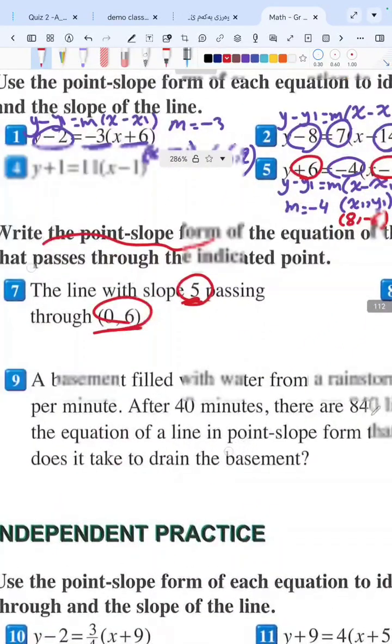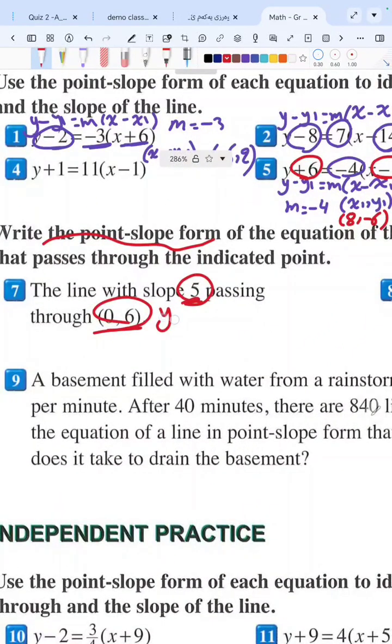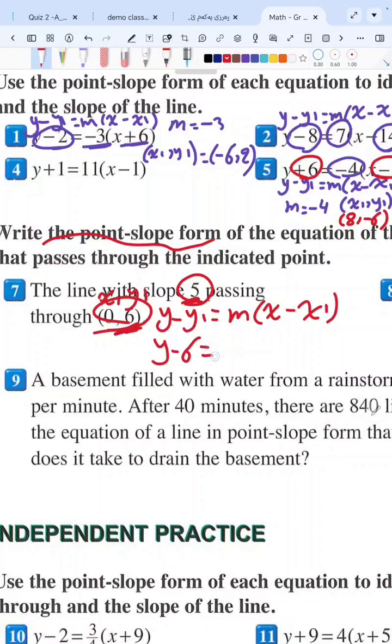Okay, so we will say y minus y1 equals m times (x minus x1). Y minus, this one is x1, y1. Pay attention. y1 equals 6. m equals 5. x equals what? We don't have it. x1 is 0.